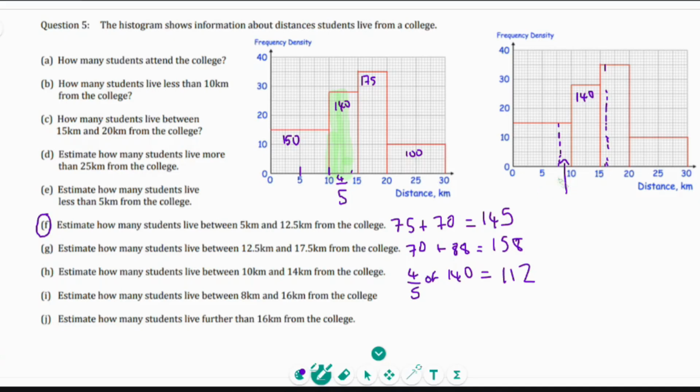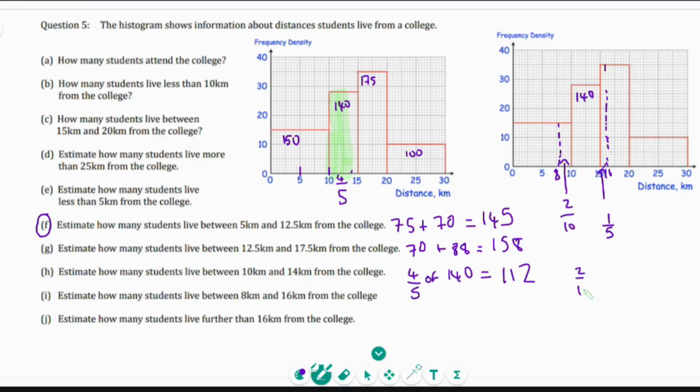Well, it's all out of 10. Here's 8, so between 8 and 10 is 2. Between 0 and 10 is 10, so it's 2/10. And then here, that's 16. So we've got 1, because 15 to 16 is 1, and 15 to 20 is 5, so we've got 1/5 there.